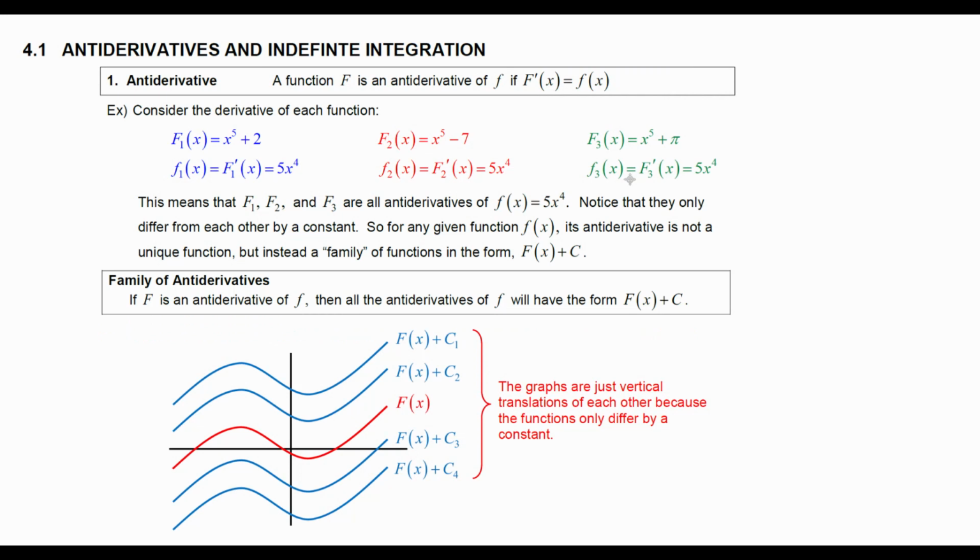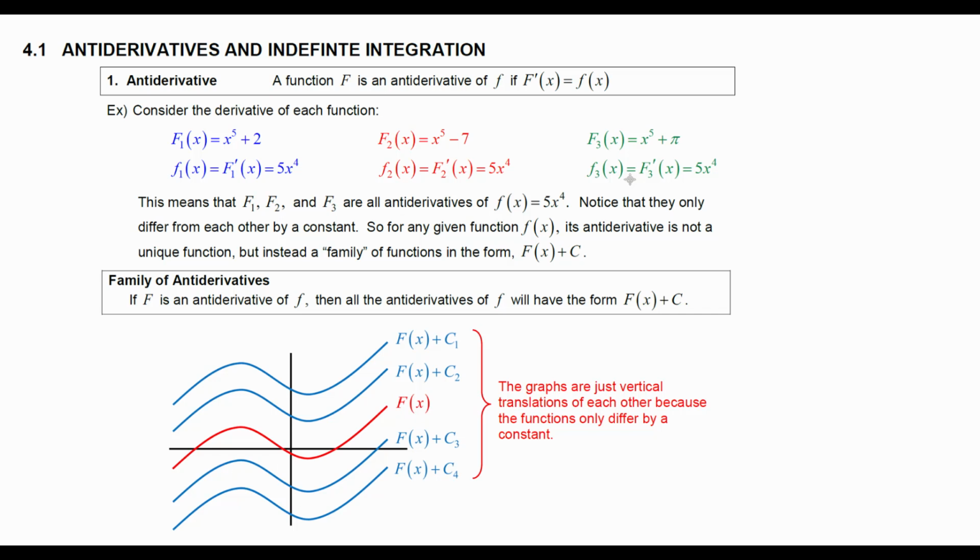Make sense? Also, look at the graphs below. Let's say the red graph is capital F of x. Then all the other blue graphs are vertical translations of capital F of x, which means they differ only by their constant, but have exactly the same shape everywhere.